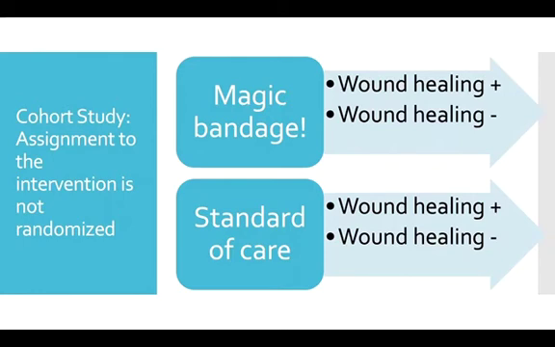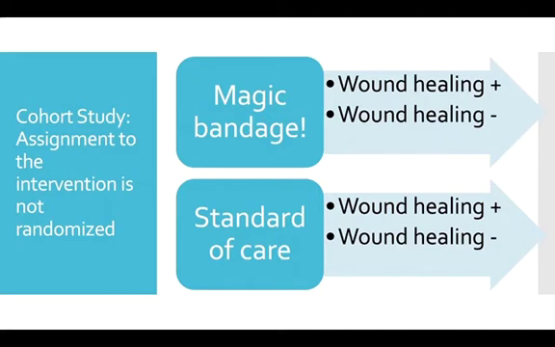would look at whether or not the wound healing at a specific time point was improved or not improved. Or potentially that patient could get assigned to typical treatment, which is often called standard of care. And then again, at that same time point, see whether or not the wound healing was better. As I mentioned, in a cohort study the assignment to that arm is not randomized.